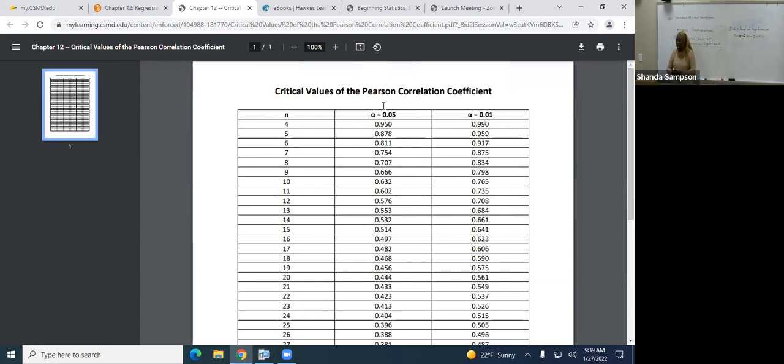We'll go back to our chart in a minute, okay? So those are the two things we need in order to find out R from this chart to compare it to this one, okay?